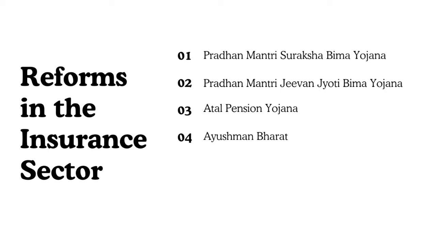The scheme provides a cover of 5 lakh rupees per family per year for medical and hospitalization expenses in most of the secondary and tertiary hospitals. 3 days of pre-hospitalization and 15 days of post-hospitalization expenses are covered under this, and all the pre-existing diseases are covered from day 1 onwards. So, these are some of the reforms in the insurance sector that have come about.